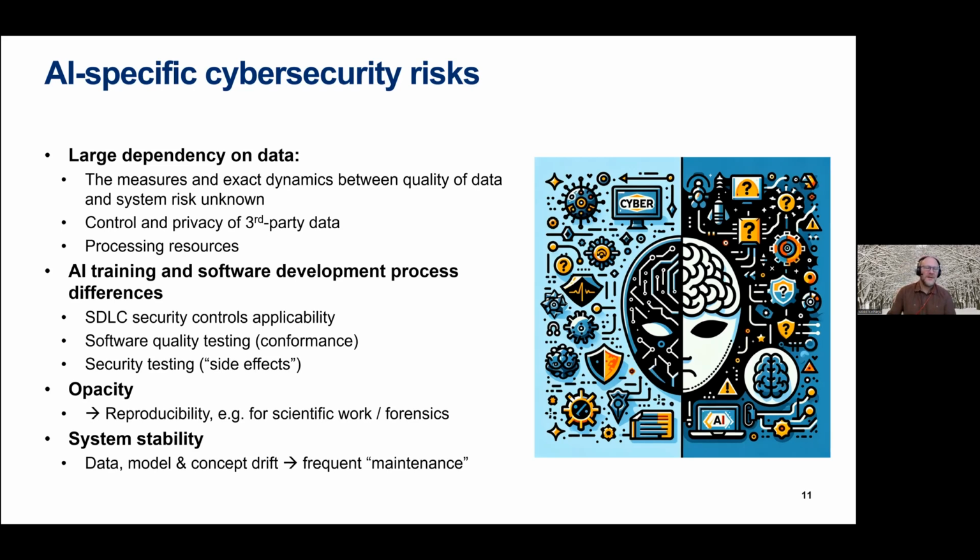And then there are concept drift, data drift, and model drift, which are intrinsic to AI systems, and these need to be addressed in maintenance functions, which are more frequent than in conventional software engineering.